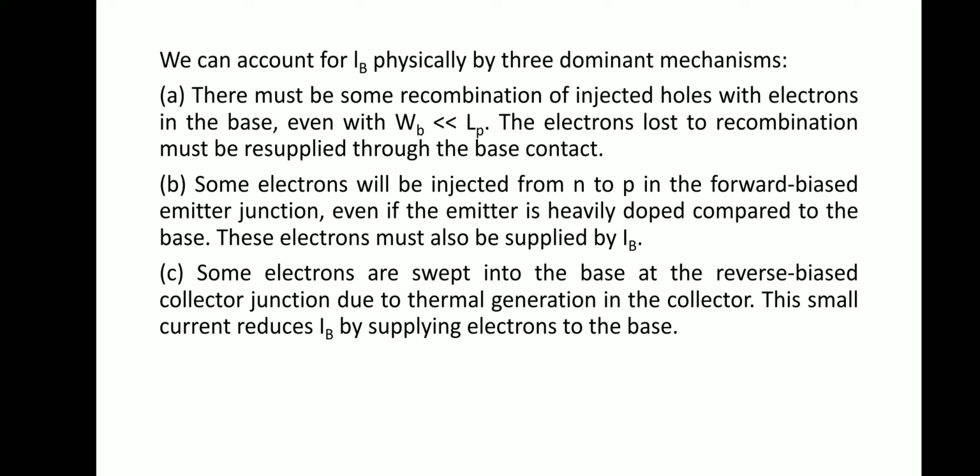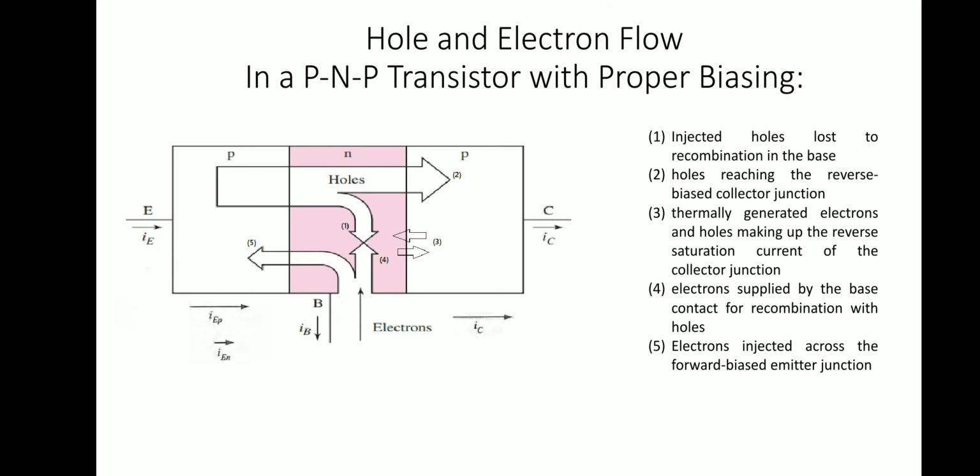The third contributor to IB is some electrons swept into the base at the reverse biased collector junction due to thermal generation in the collector. This small current reduces IB by supplying electrons to the base. These thermally generated electrons contribute some current that we marked as 3, so that will reduce the IB current.